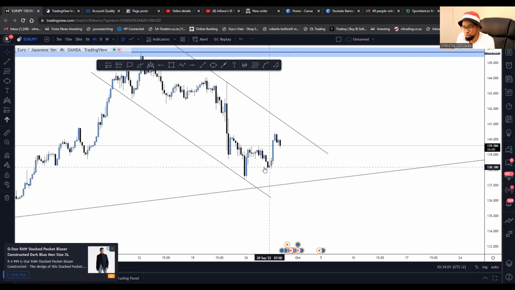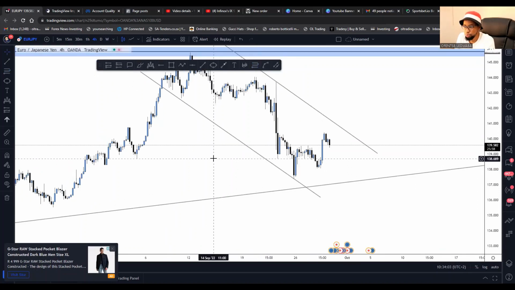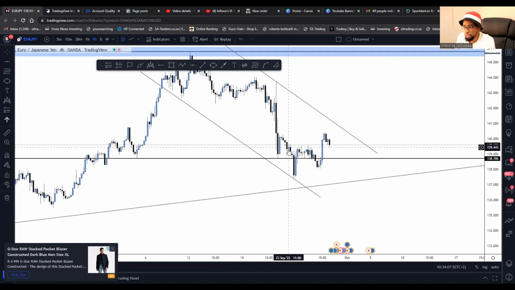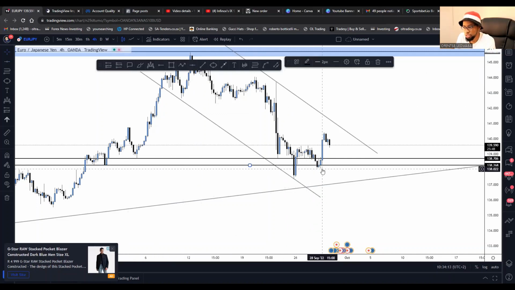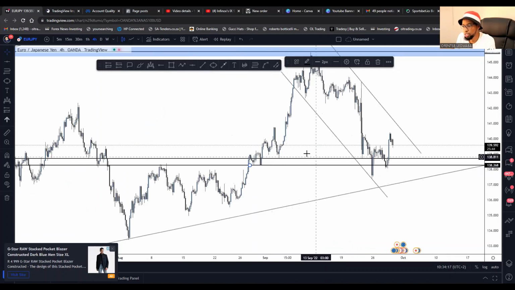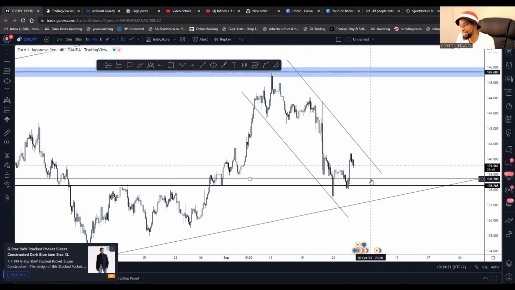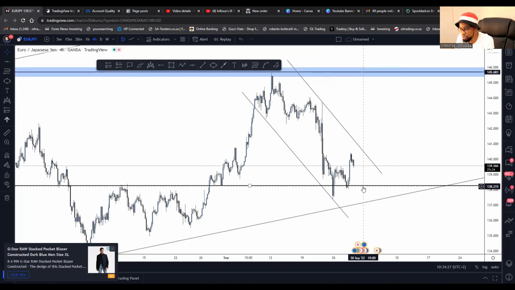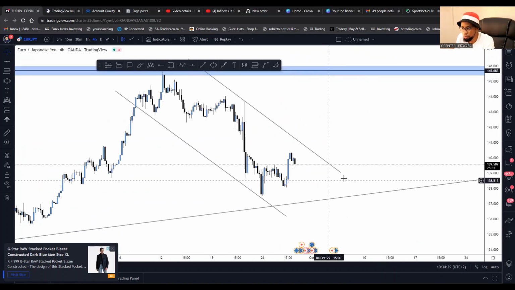Many people can put their line here, but you can see we broke it, and another one will put their line here, but you can see we reached a level here. That's why I like to use zones instead of lines, because you must always remember price won't definitely reverse at your point, but it reverses around that area. So let's look at what is currently happening and how I managed to do that.